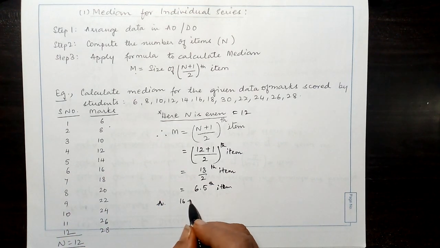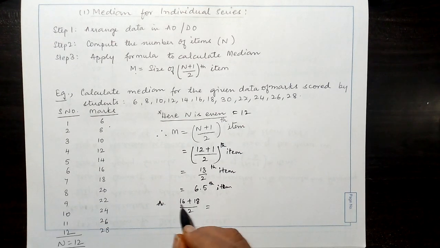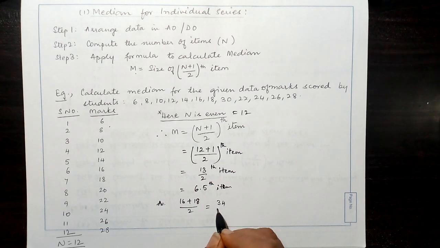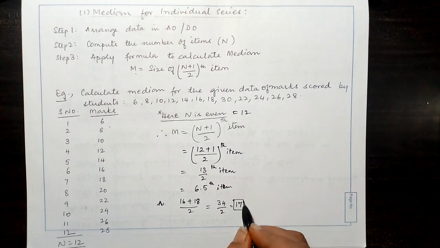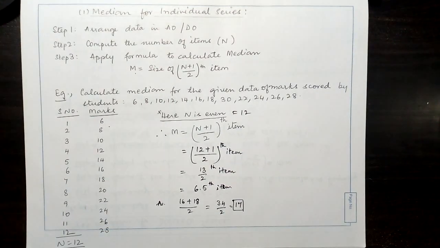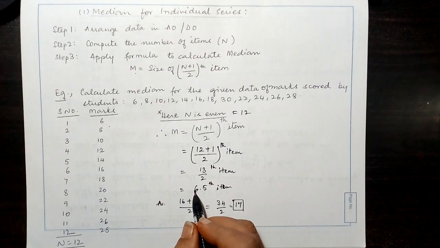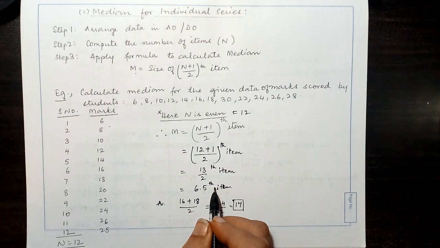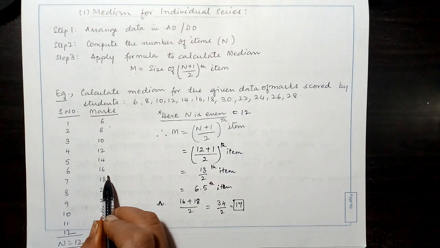So 16 plus 18 divided by 2 gives us 34 divided by 2, equal to 17. So 17 is our median. This means that our median lies between the 6th and the 7th observation. The 6th is 16, the 7th is 18, and hence 17 lies between 16 and 18.